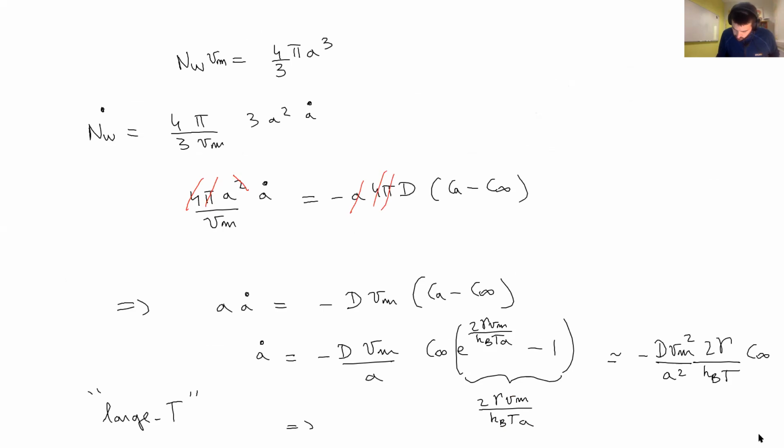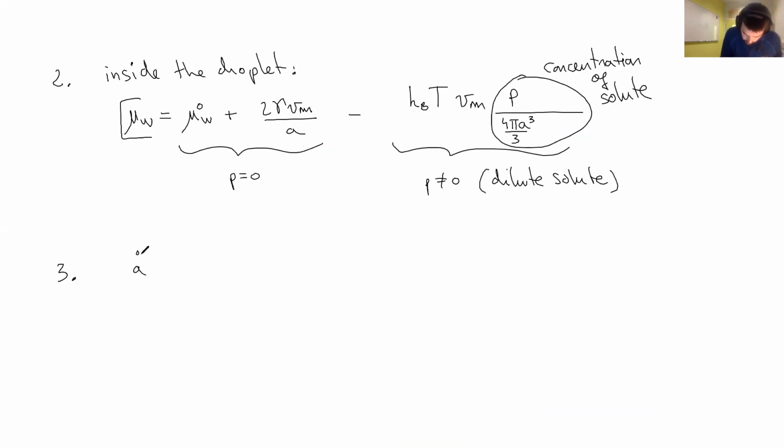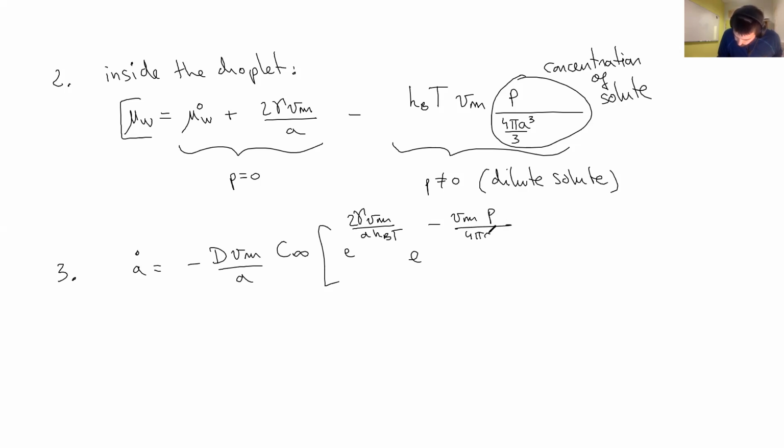So you have A dot is equal to minus D Vm over A, C infinity, and then you have the exponential of gamma Vm over A kBT. That was this term. Now you have another term, which is this one, Vm P over 4 pi A cubed over 3. kBT cancels out, and then minus 1.